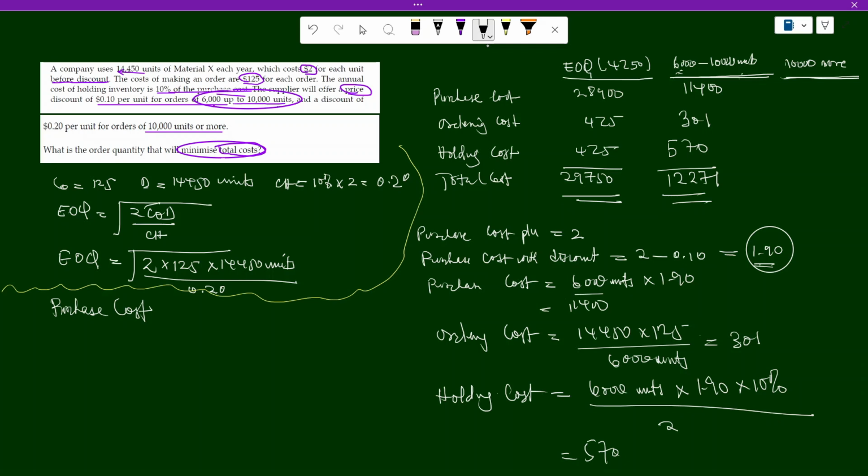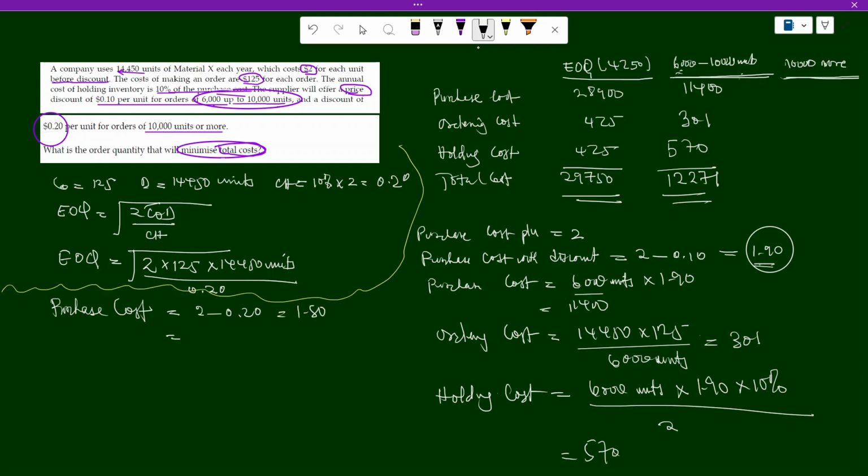So the purchase cost is equal to, look, it says that they will give you a discount of 0.2 per annum if you buy 10,000 or more. So the purchase cost is now going to be 2 minus 0.20, which will give you 1.80.